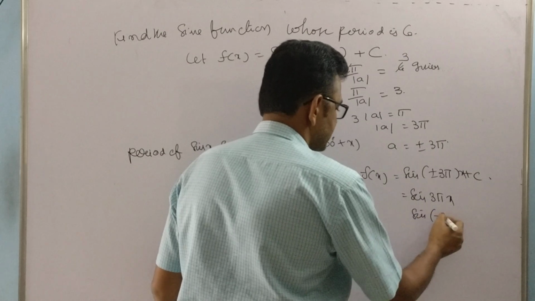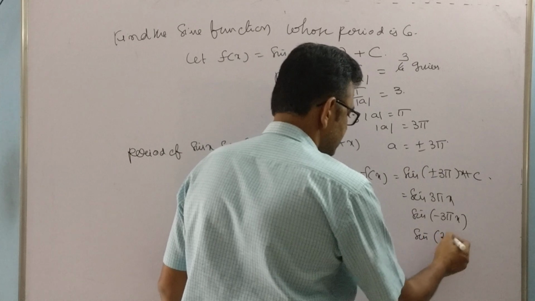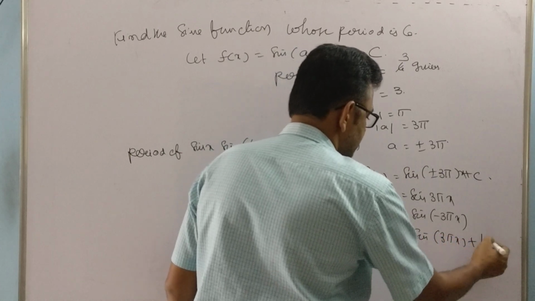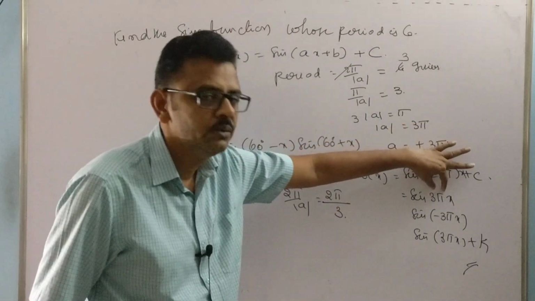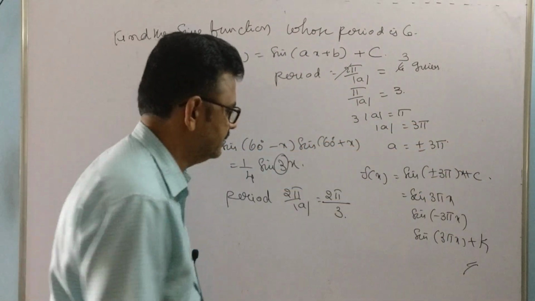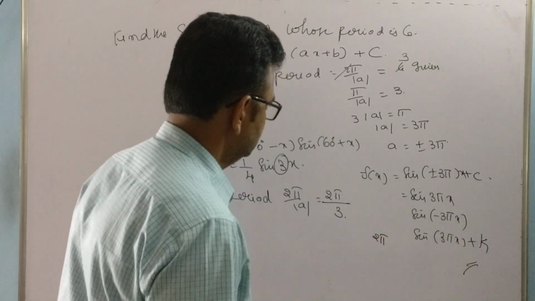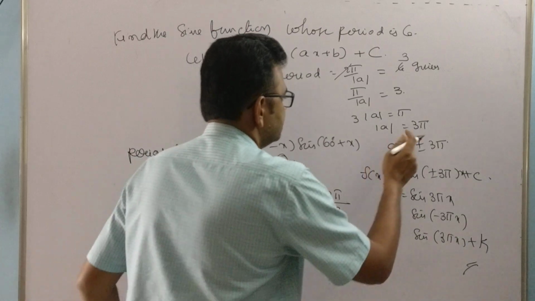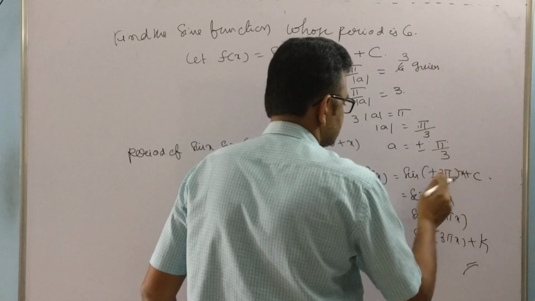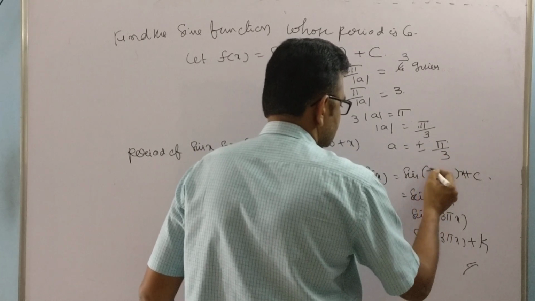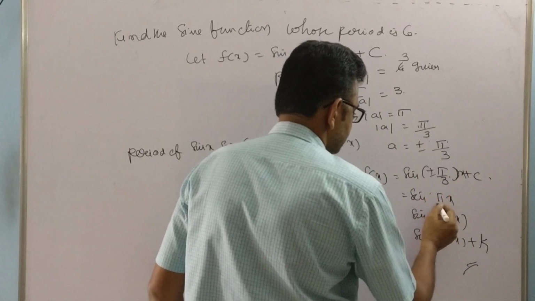Sine of minus pi by 3 x is also correct, and sine of pi by 3 x plus some constant k is also correct, because its period is 2 pi by mod a.